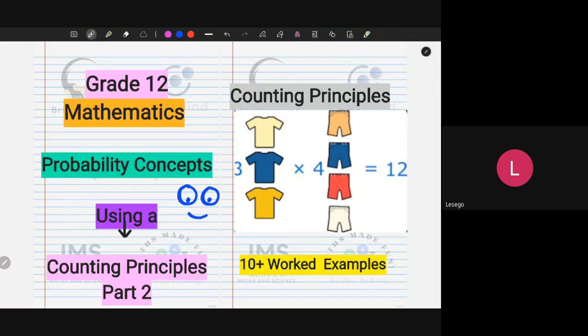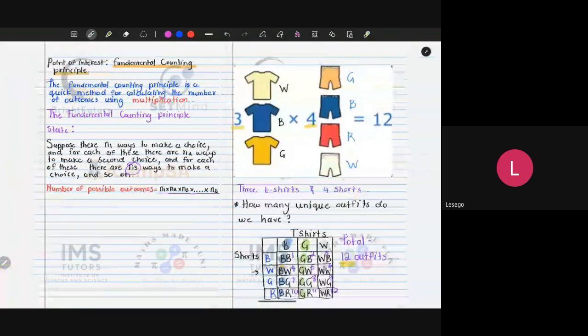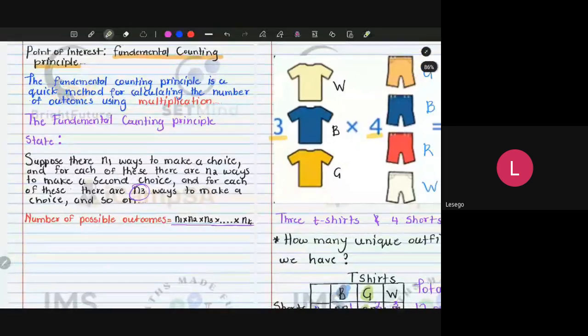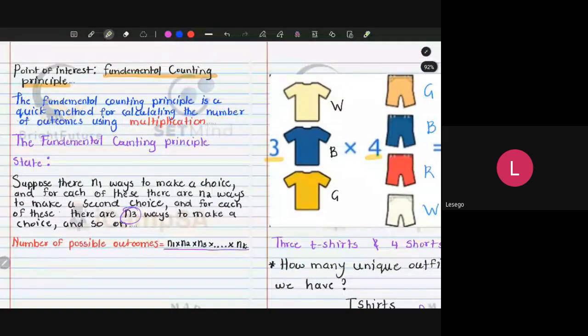That is where we started laying the foundation for the counting principle. And I defined what the counting principle is. Most importantly, which is what we referred to a lot in the first part of this lesson, what the fundamental counting principle states.